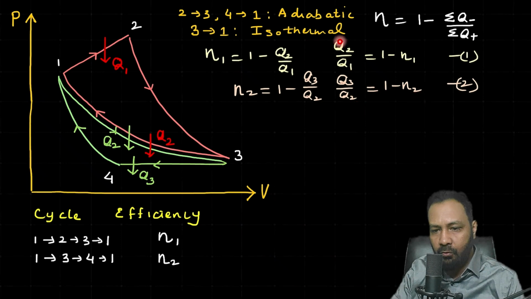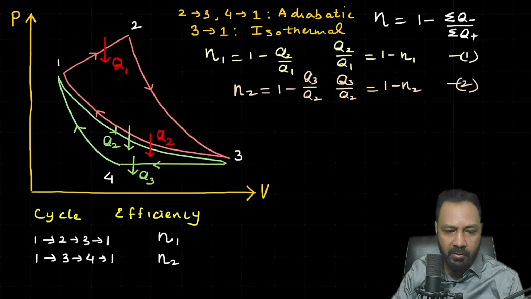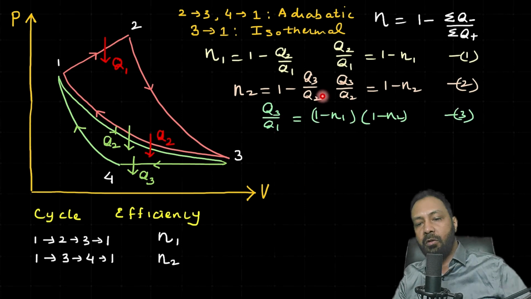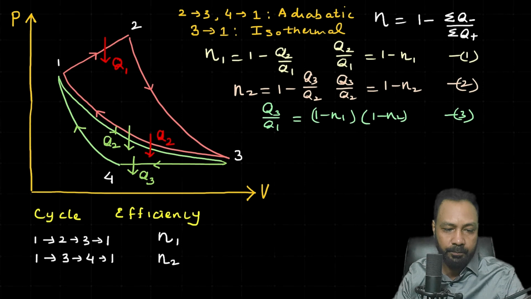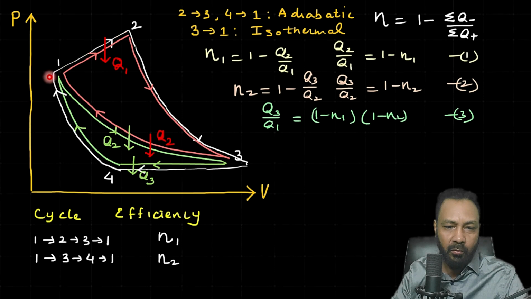If you multiply these two, Q2 and Q2 would be cancelled. We get Q3 by Q1 is equal to 1 minus eta 1 into 1 minus eta 2. And now look at this overall process, 1 2 3 4. This is adiabat, this is adiabat. On this part Q1 heat was entered, and on this part Q3 heat was rejected.